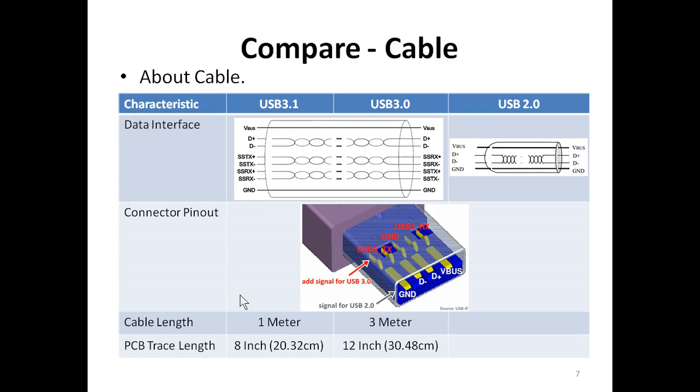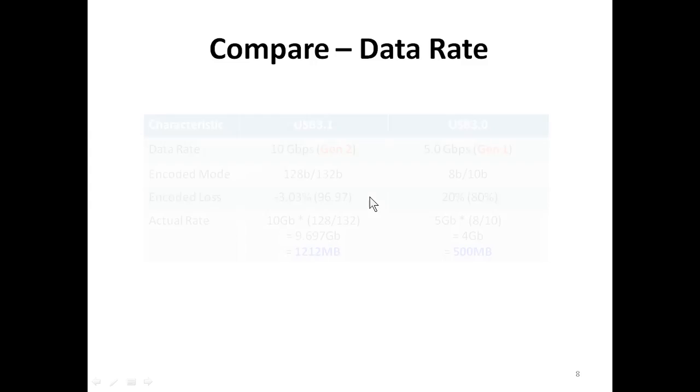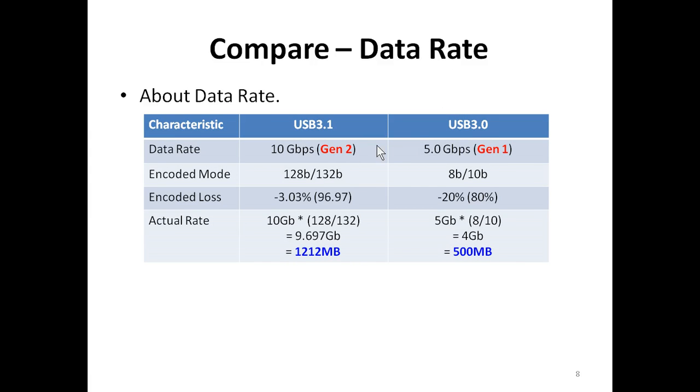The cable length is 1 meter for USB 3.1, and for USB 3.0 we have 3 meters. If we compare the data rate, USB 3.0 was 5 Gbps generation 1 and USB 3.1 is 10 Gbps generation 2.